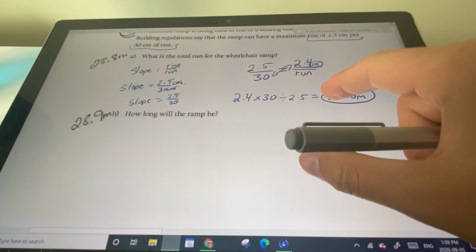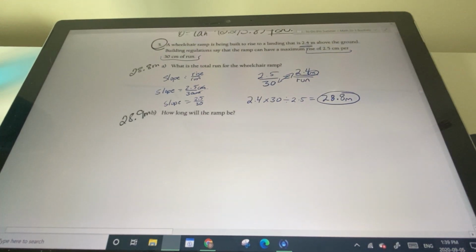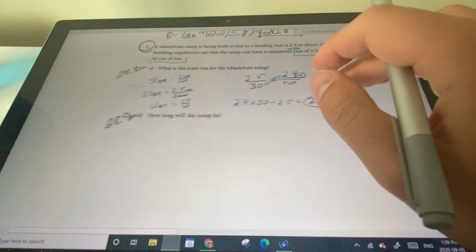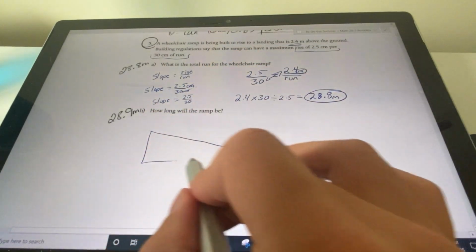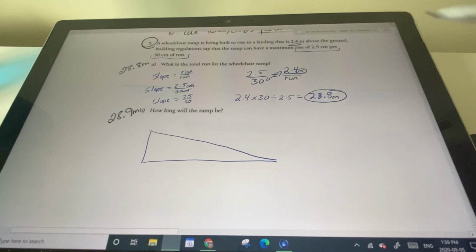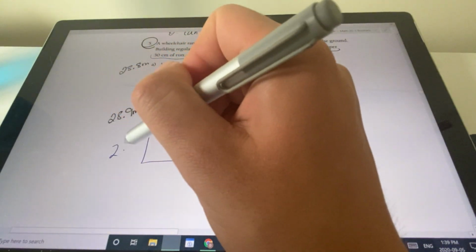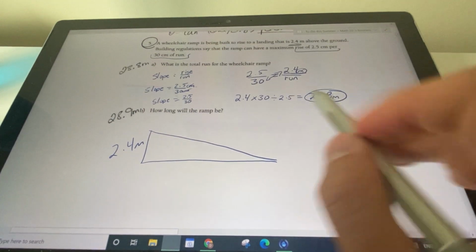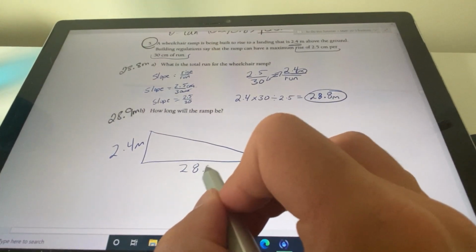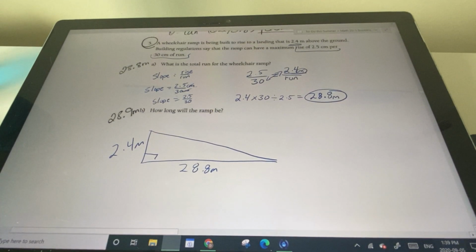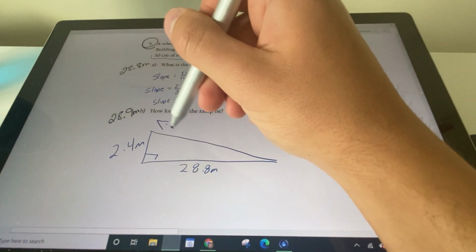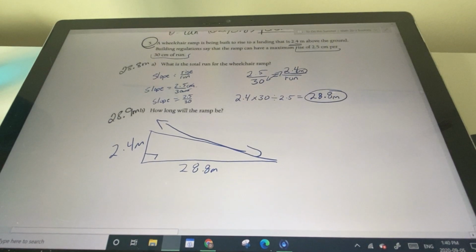Now on to B. How long will the ramp be? Okay, well, if we draw out our diagram, we rise up 2.4 meters and we go for a run of 28.8 meters. Remember, this is our 90 degrees. It wants us to know how long this guy is.